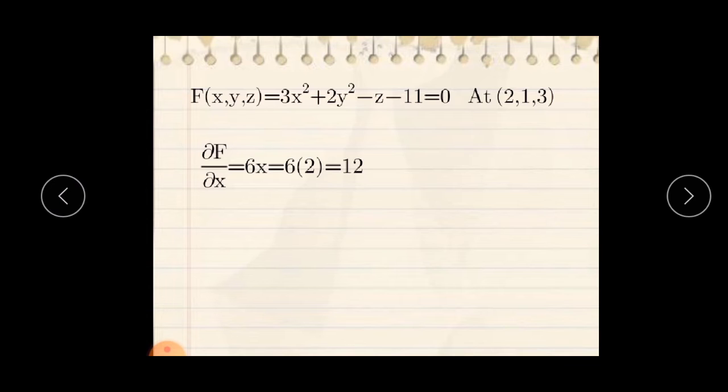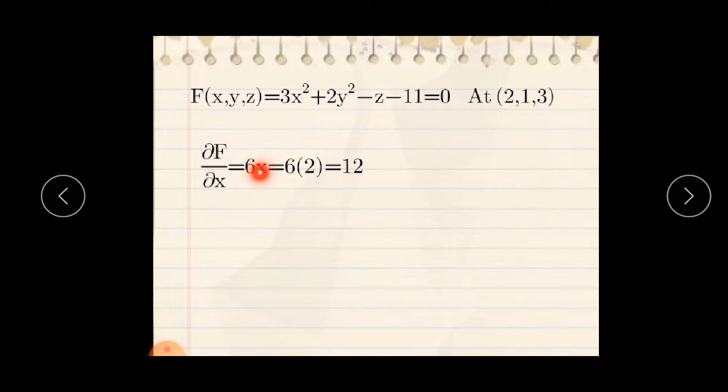And next, we take the partial derivatives of the function. First, we take the partial derivative of the function with respect to x. The partial derivative of 3x squared plus 2y squared minus z minus 11 with respect to x is 6x.